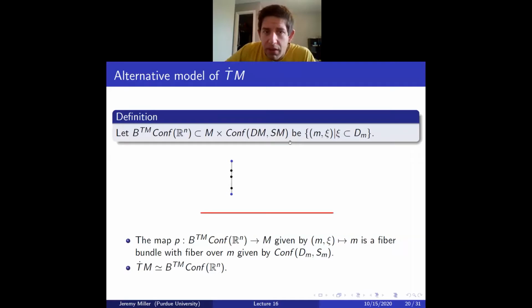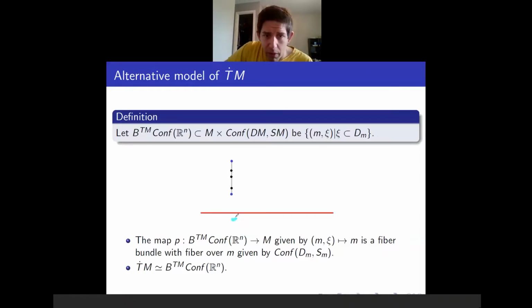Concretely, as a space, it's going to be the subspace of the manifold cross configurations in the disk bundle rel the sphere bundle, and then we add the condition that the configuration lies entirely in the fiber over M.